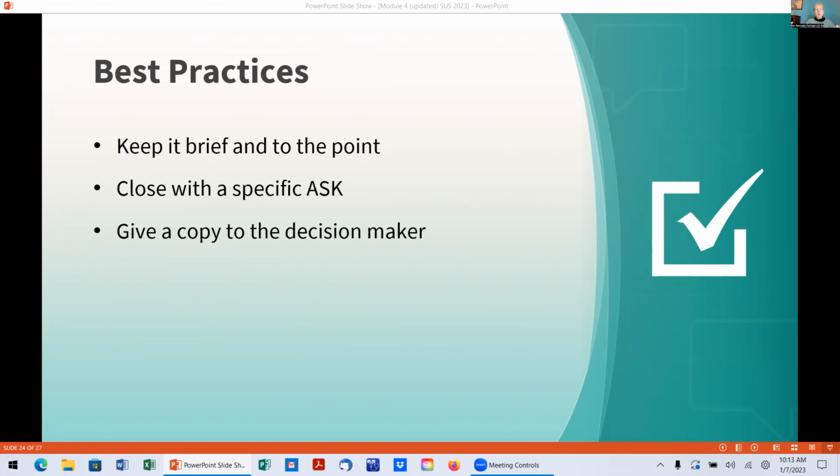You need to be sure that you are closing with your specific ask. And I know Karen's going to mention this again when we talk about testifying, but both in written and in oral, make sure you close with that specific ask. And leave a copy or provide a copy for the decision maker so that, even if they do cut you off or only give you 1 minute when you were planning for 3, you can still give them everything, and they'll have it in front of them.